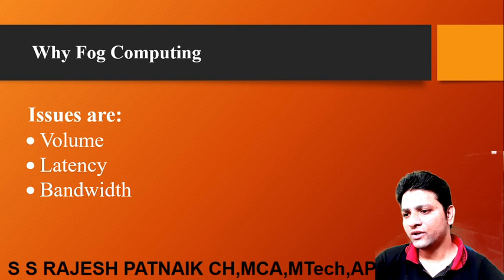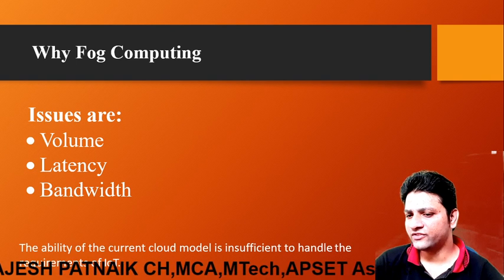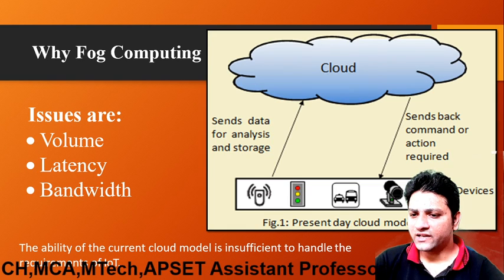The ability of the current cloud model is insufficient to handle the requirements of IoT. If I want to interact with the cloud, the present-day cloud model sends the data for analysis and storage. It comes from different IoT devices: signal points, antennas, real-time web cameras, mobiles, connected vehicles.